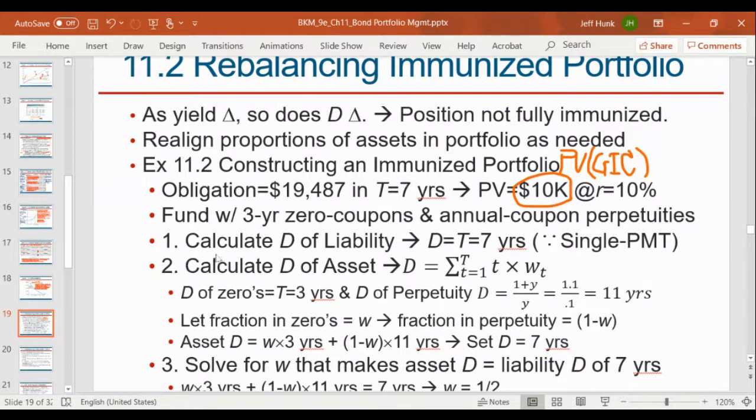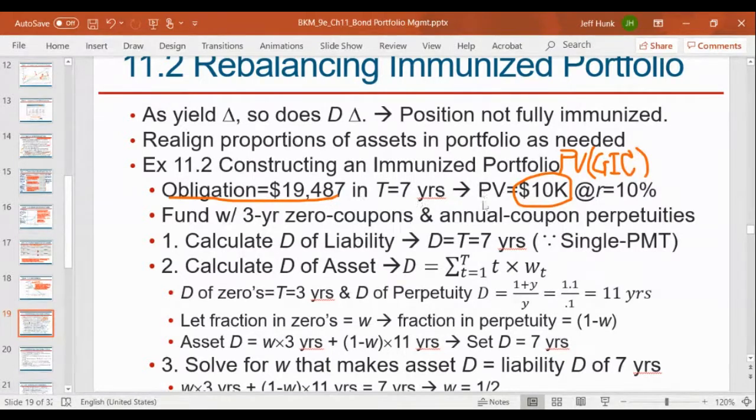Well, first of all, to immunize, you have to calculate the duration of the liability, and our obligation is a zero coupon. As I told you, this is the par value, the maturity value of your zero coupon, and you buy it, you pay 10K, and 7 years later you're going to collect it.